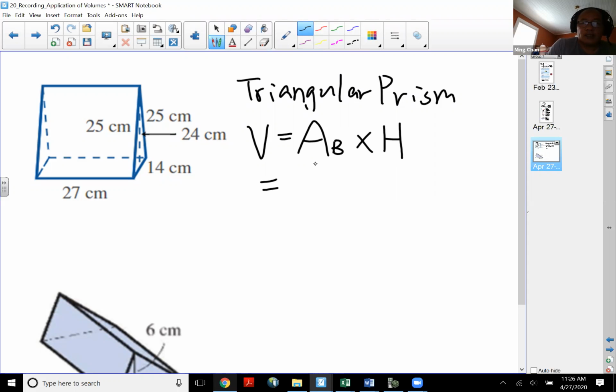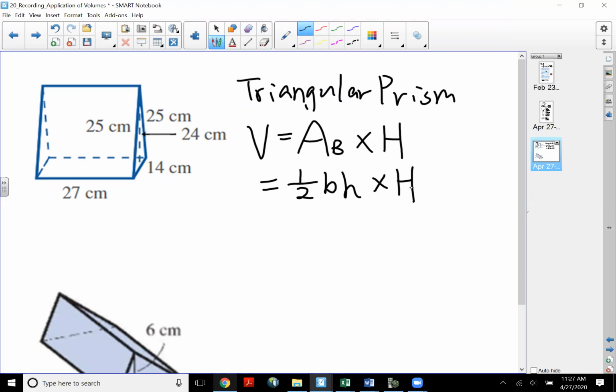So what is the area of a triangle? Half times base times height. Then we're gonna times the actual height of the prism. So just imagine this shape get tipped over, have the triangle on the bottom, then make the 27 as the actual height of the prism.